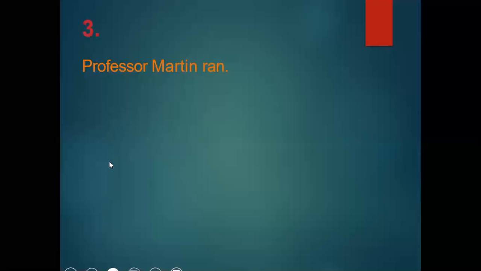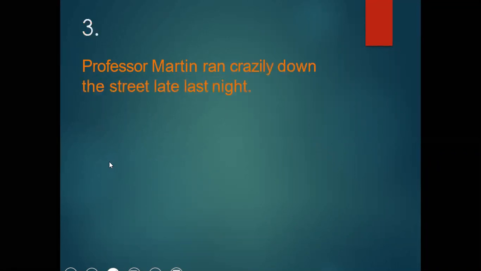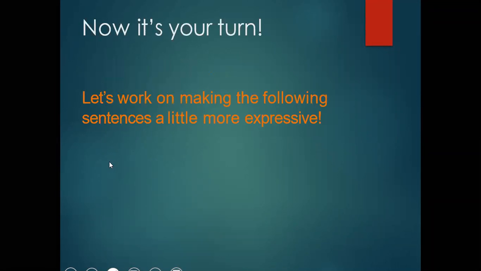Professor Martin ran. Okay, Professor Martin, teacher Martin ran. This is your noun and this is the verb. But if I add here, Professor Martin ran crazily down the street last night, it tells you more details. You get a clearer picture about this action that is happening. All right.